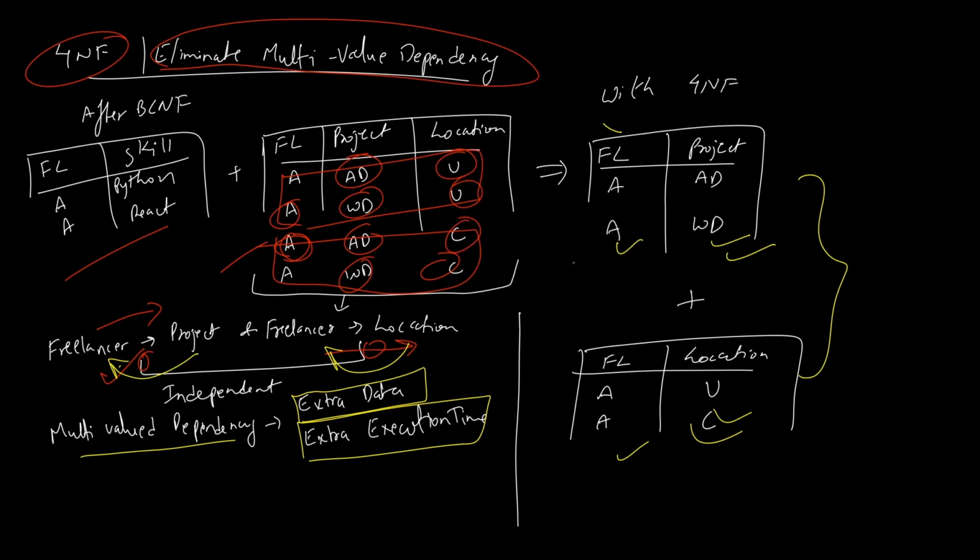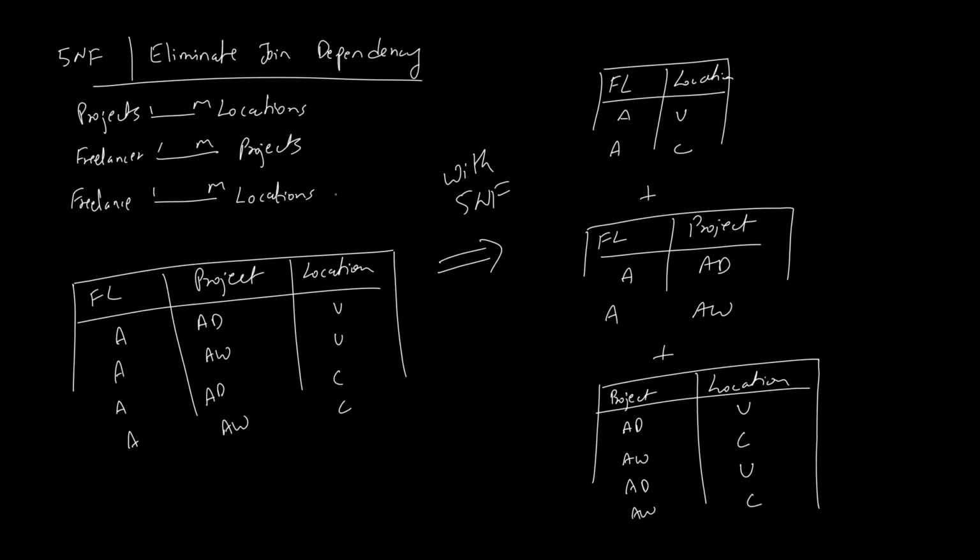And that's it. If you identify duplicates like this, remove the multi-value dependency and make two relations of it. Now these will be joined together every time you do any kind of query. Moving on to 5NF actually, which will eliminate the join dependency.